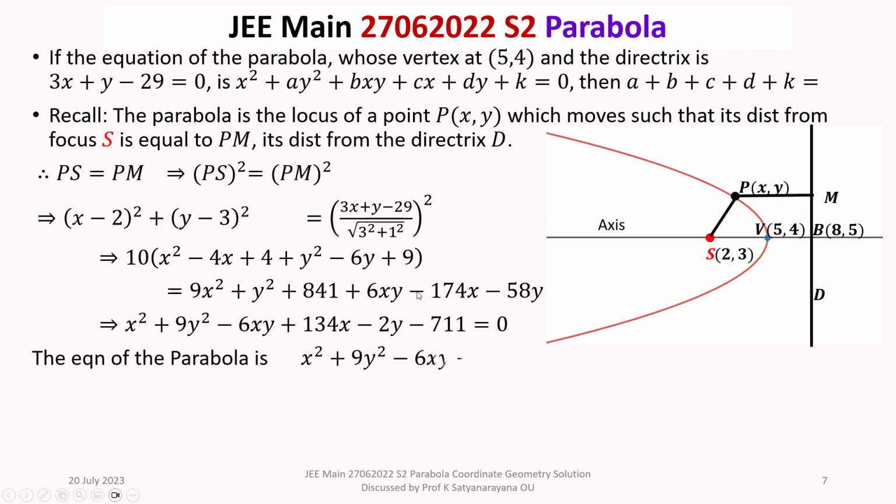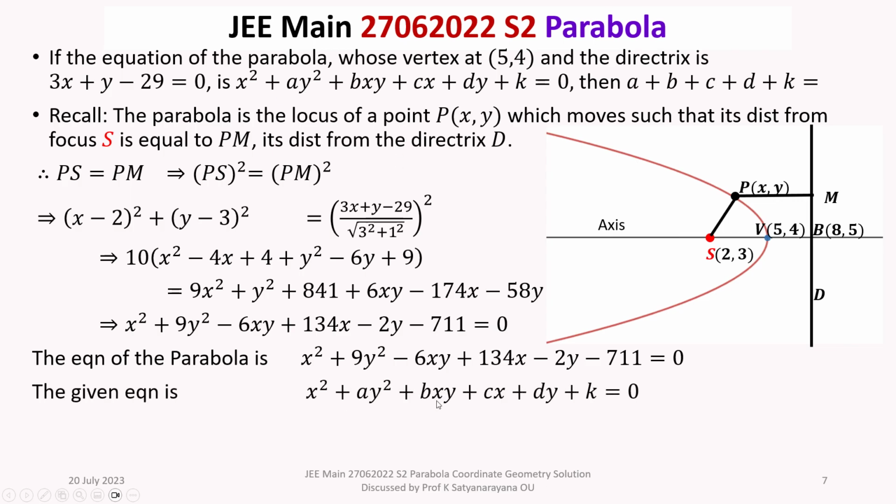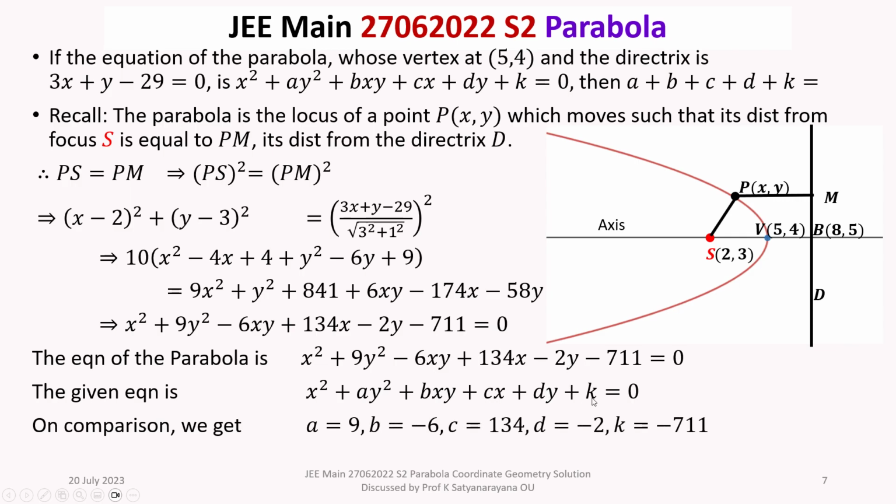We are given the equation of the parabola is x square plus ay square plus bxy plus cx plus dy plus k is equal to 0. So on comparing, a is equal to 9, b is equal to minus 6, c is equal to 134, d is equal to minus 2, k is equal to minus 711.